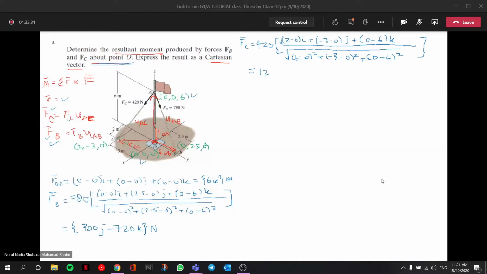And for vector FC, you will get 120i minus 180j minus 360k Newton.